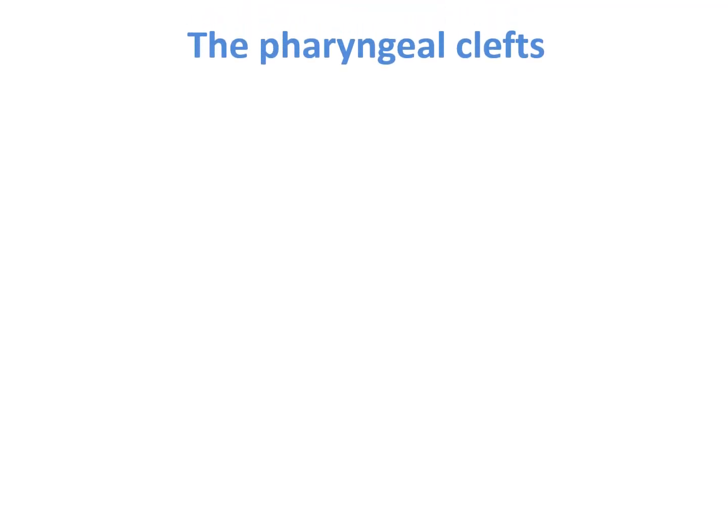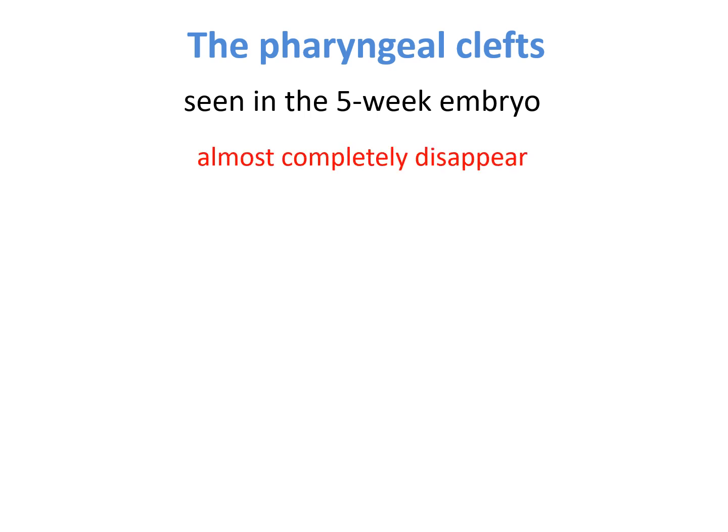A few remarks about pharyngeal clefts, the grooves between the branchial or pharyngeal arches on the outside. They start to be seen at week 5, and then they almost completely disappear.